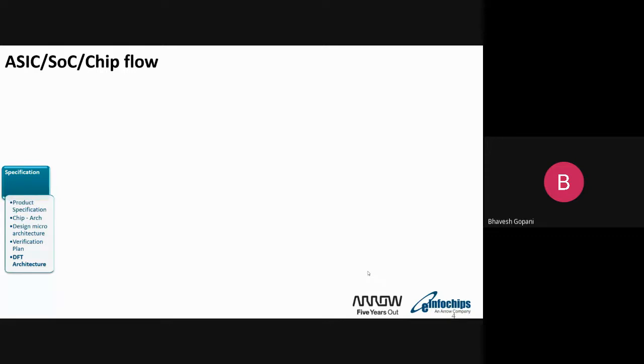Initially, any chip starts with some specifications, what kind of applications it is intended for. Then the chip architecture, the microarchitecture design, verification plan, DFT plan or architecture, and then the PNR stage.